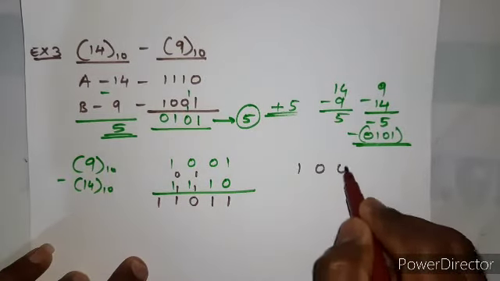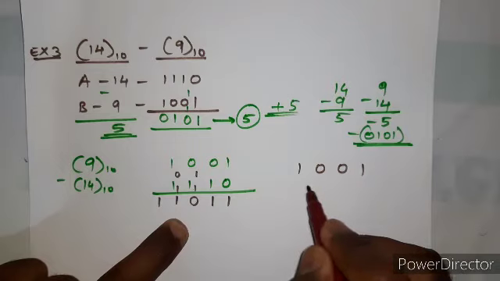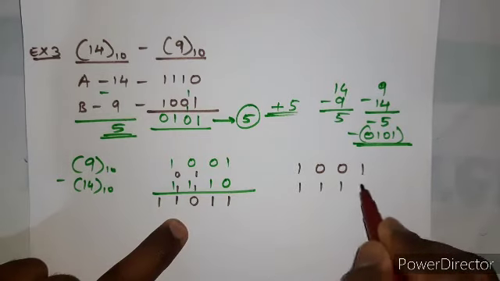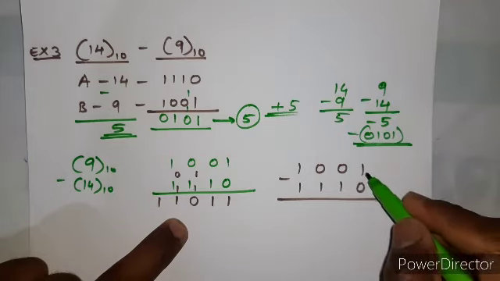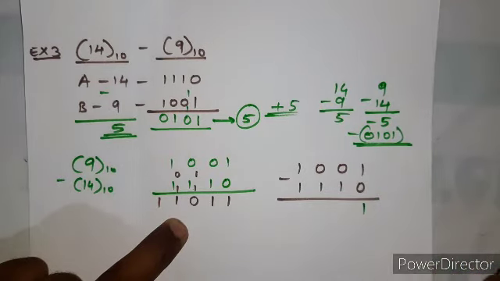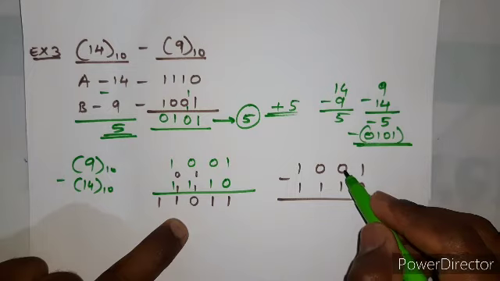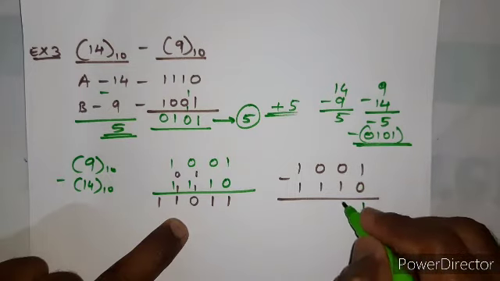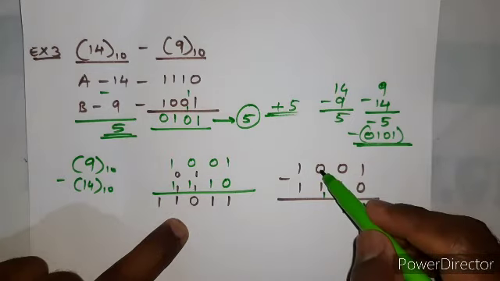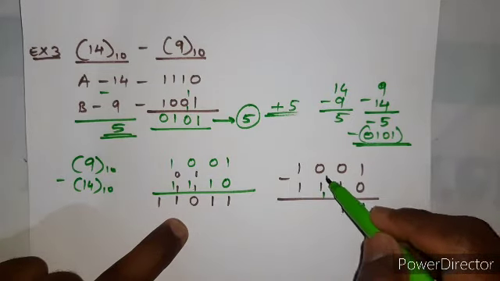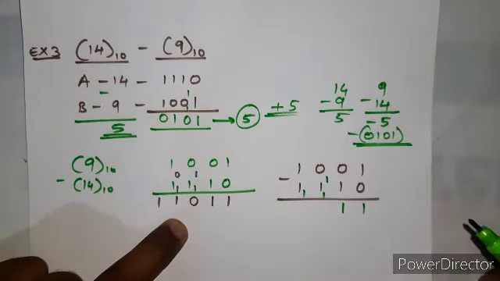1001 minus 1110. Now 1 minus 0 is 1. 0 minus 1, difference is 1, borrow is 1. 0 minus 1, difference is 1, borrow is 1.